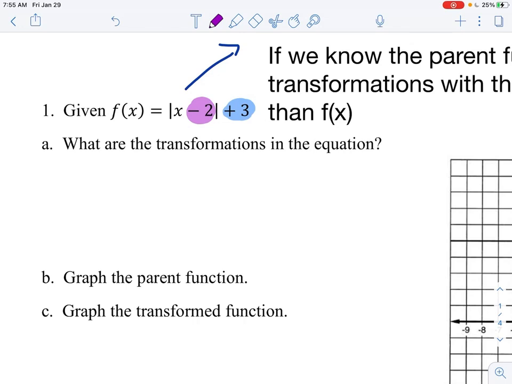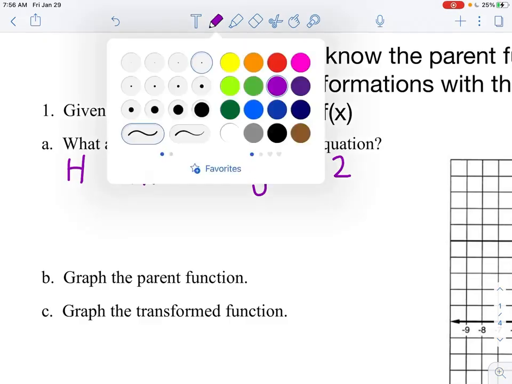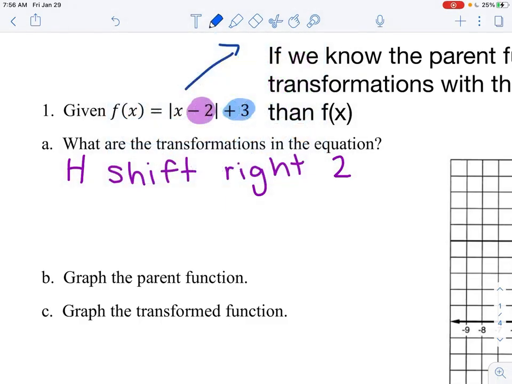And since it's inside, it's a horizontal shift right 2. Now our plus 3 is on the outside, so it's going to be a vertical shift. Since it's on the outside, it's going to be what it says. So it's a vertical shift up 3.